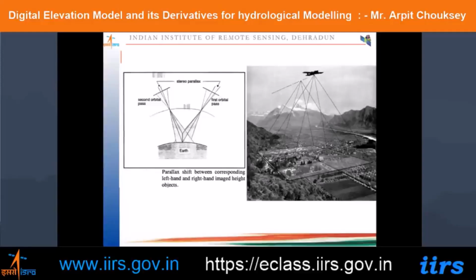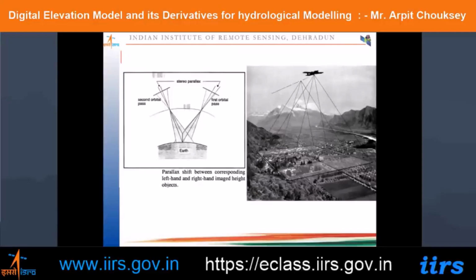A transmitted wave is shown in green color and a received wave is shown in red color. There are two receiving sensors. The slight separation between the two sensors is called the baseline. And this is the technique to generate 3D images of the Earth's surface.